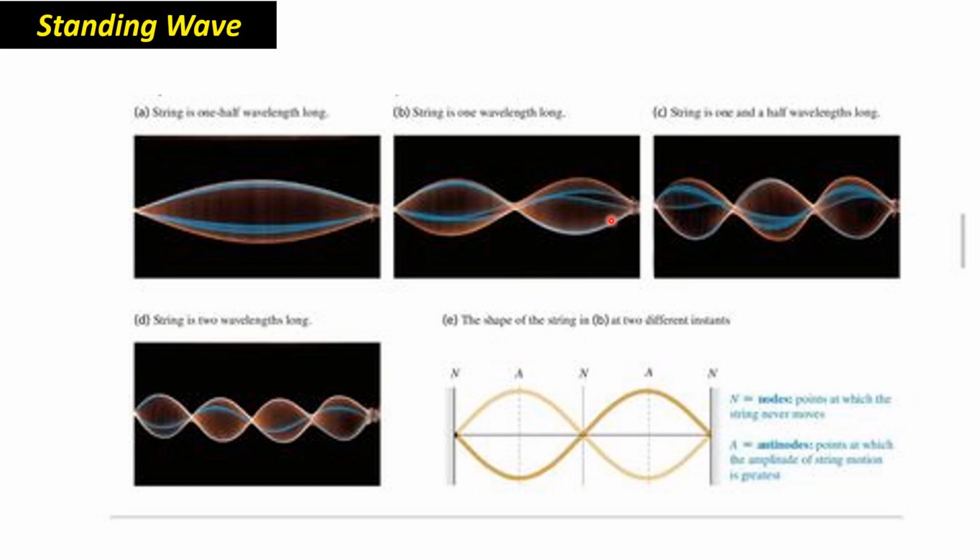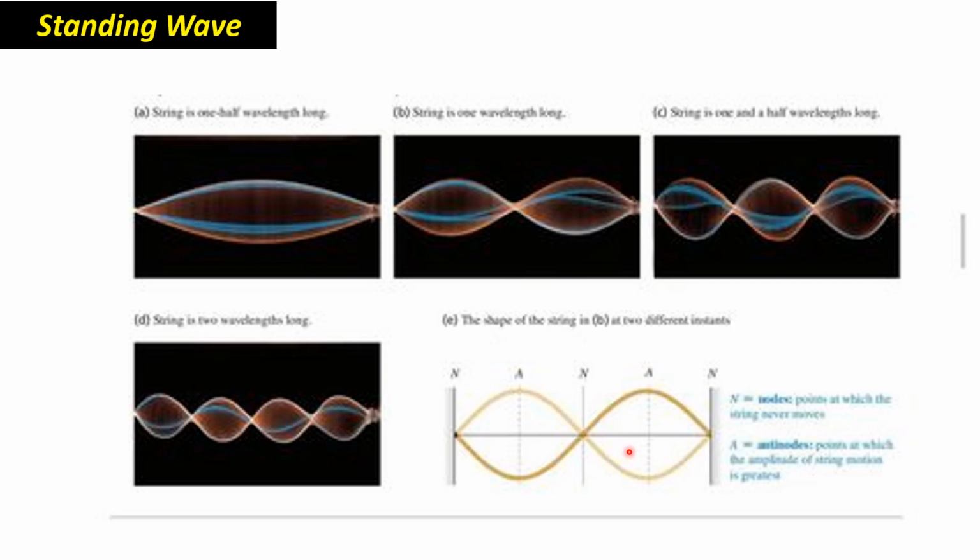In the third pattern, the string is 1.5 wavelengths long. And in the fourth pattern, the length of the string is equivalent to 2 wavelengths.